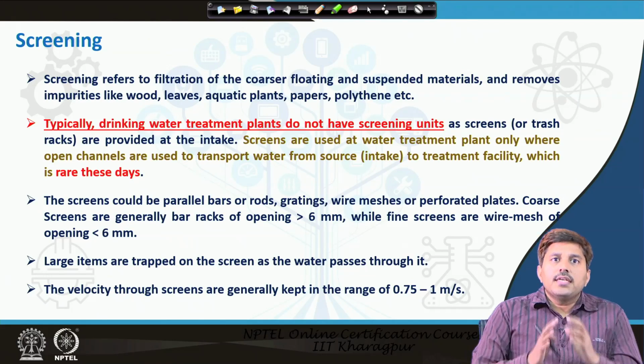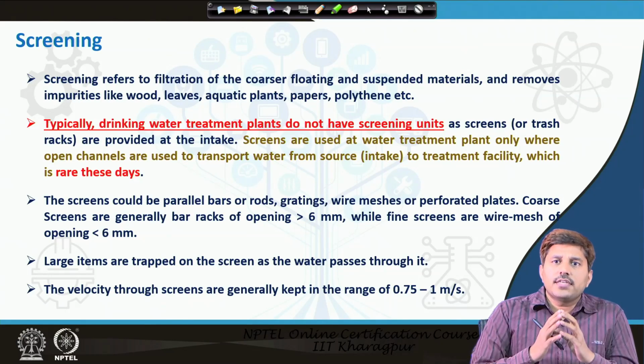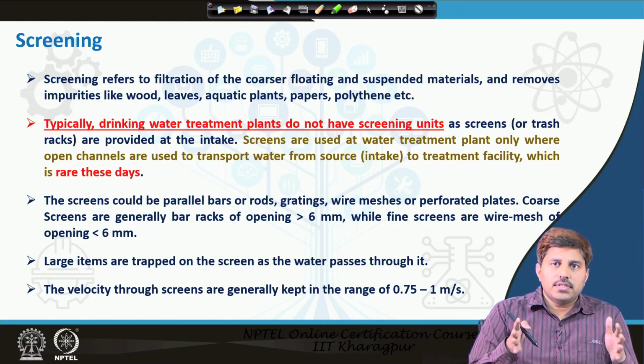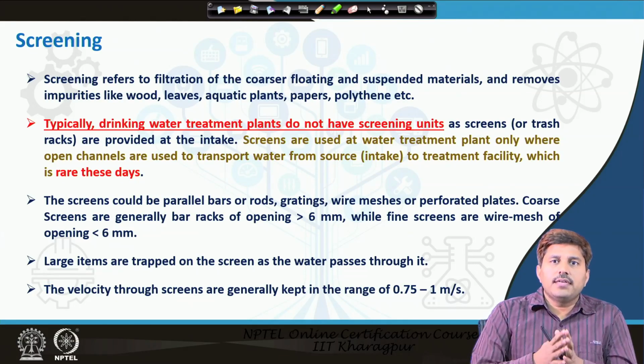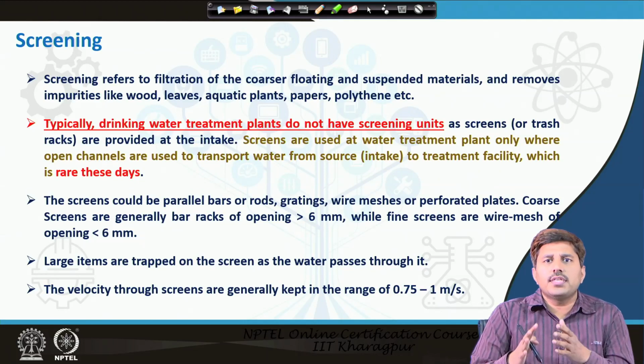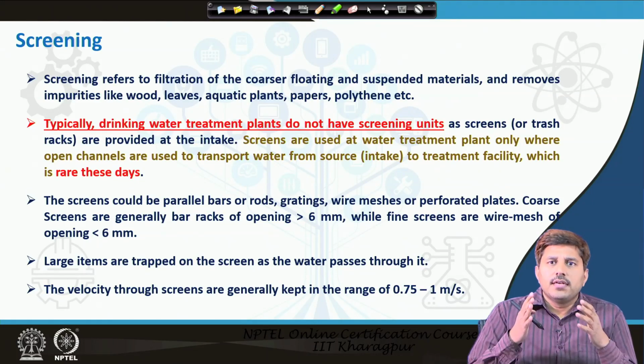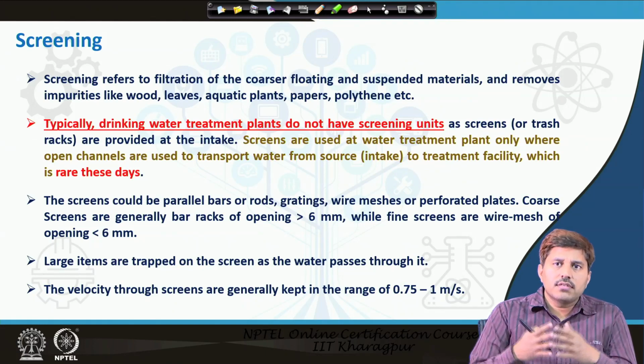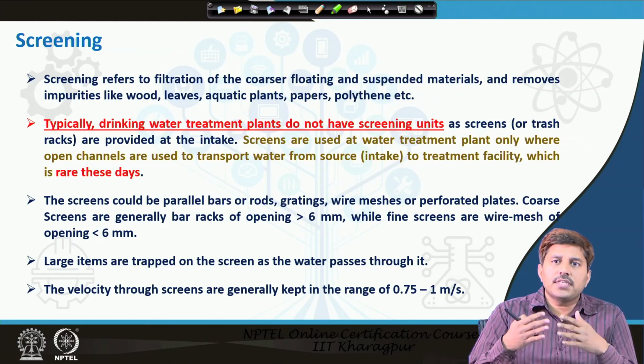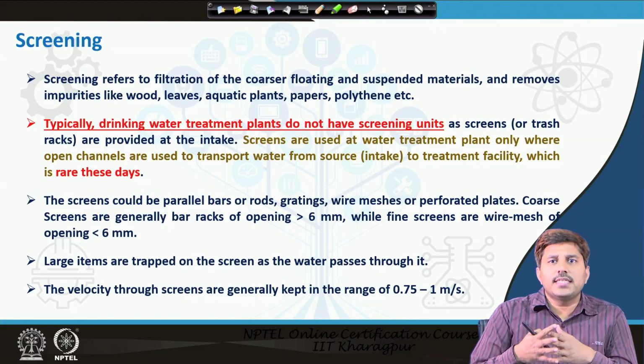Now, though we are studying the water treatment plant and talking about the screening unit, screening is very rarely used at a water treatment facility. Screening is a must step, but it is usually done at the intake site itself.